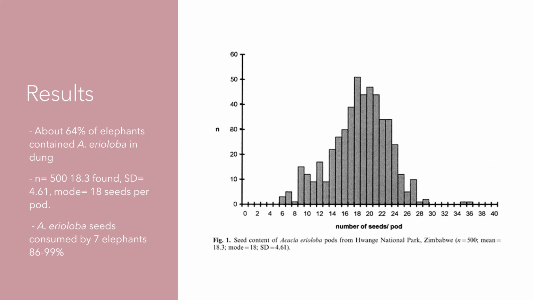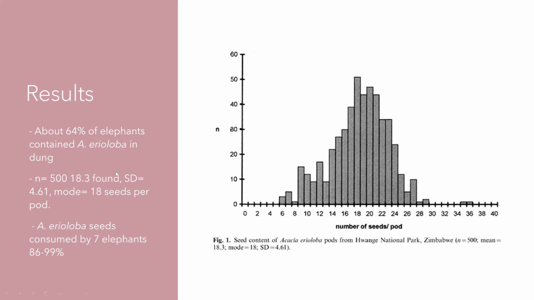The standard deviation is 4.61, so of that 18.3 found, it varied either more or less by 4.61. And the mode was 18 seeds per pod. So per pod that the elephants pooped, 18 seeds were found in there.